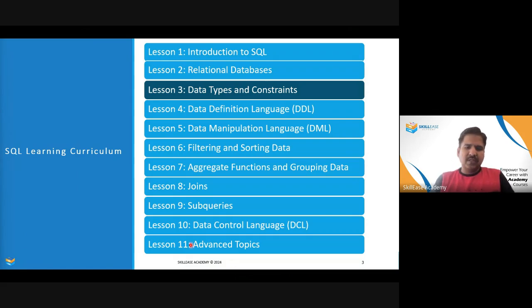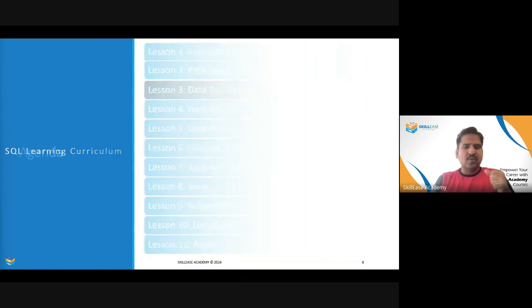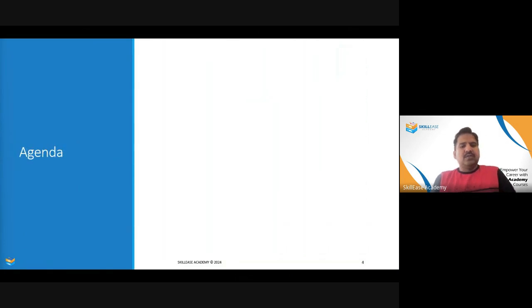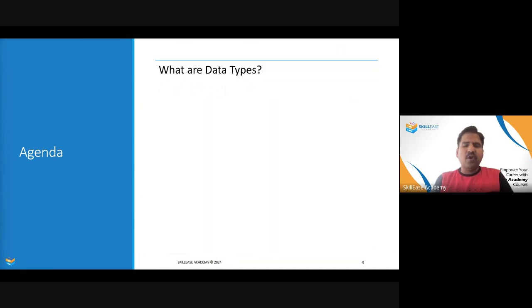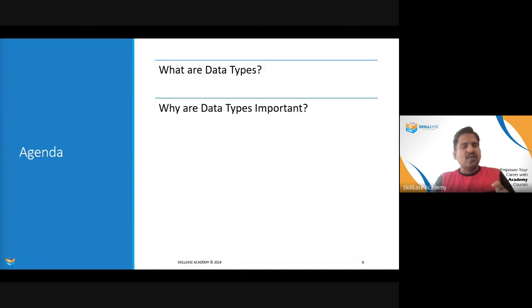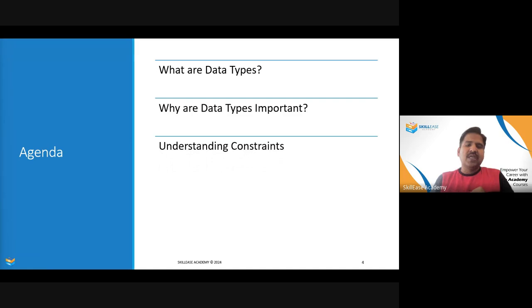To start with, let us see what we are going to do today. So first, we will understand what we mean by data types. Then we will do a deep dive into why data types are important. Along with that, we will learn the different types of data types used. Then we will see the constraint.